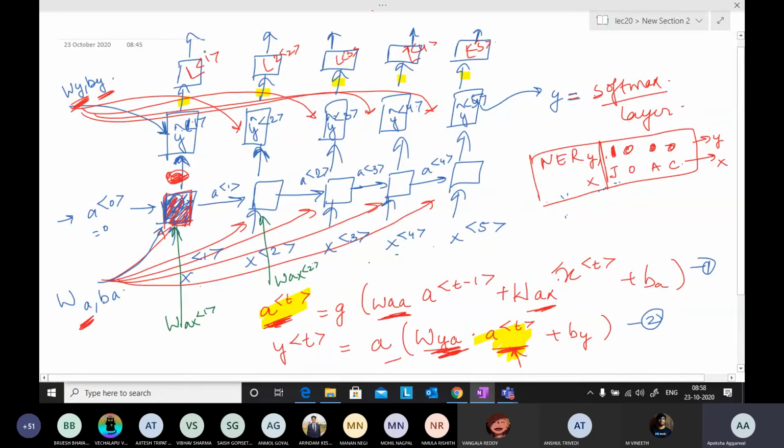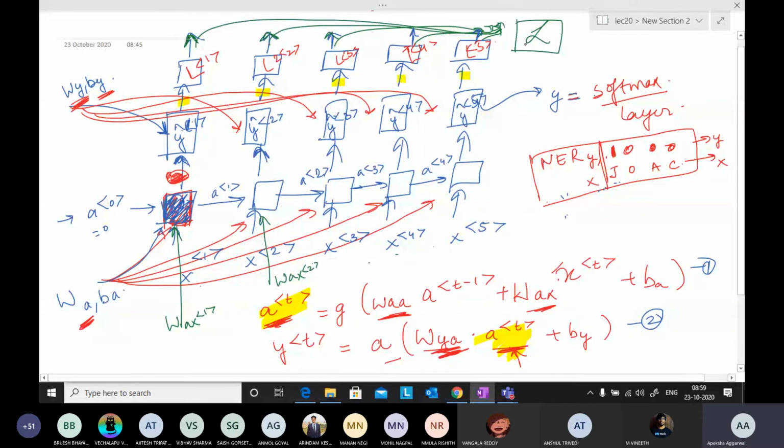We have individual losses. We will calculate the logistic loss L1 for the first term, L2 for the second term, and for the third, fourth and fifth, and then at the end we will sum all these losses. So we will calculate the final L, that is capital L. We take the losses of each and every term and sum them over here.